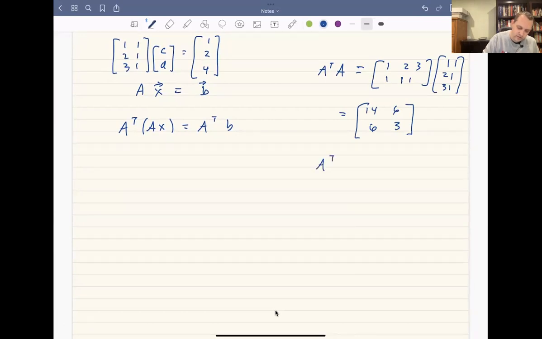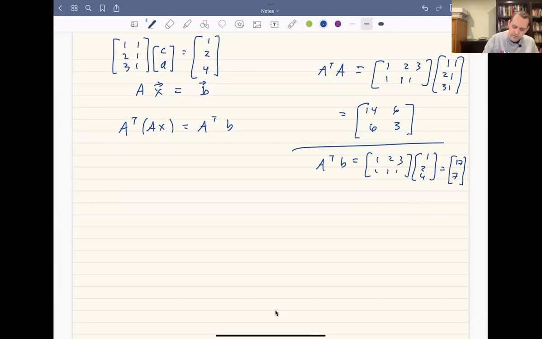We might as well over here also compute A transpose times B. So this is (1, 2, 3), (1, 1, 1) times (1, 2, 4). This is going to be a 2-vector. So we get 1 plus 4 plus 12, so it's 17. And 1 plus 2 plus 4 is 7. Okay. And so A transpose times B is that (17, 7).